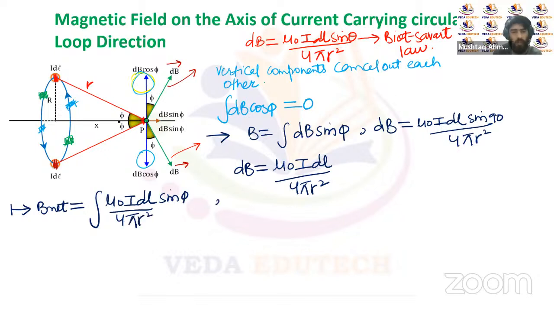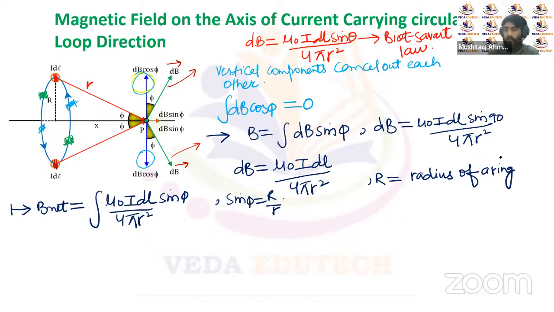Now what is the sine of phi? If we calculate the sine of phi from this figure, it will be capital R upon small r, where capital R is the radius of the ring.